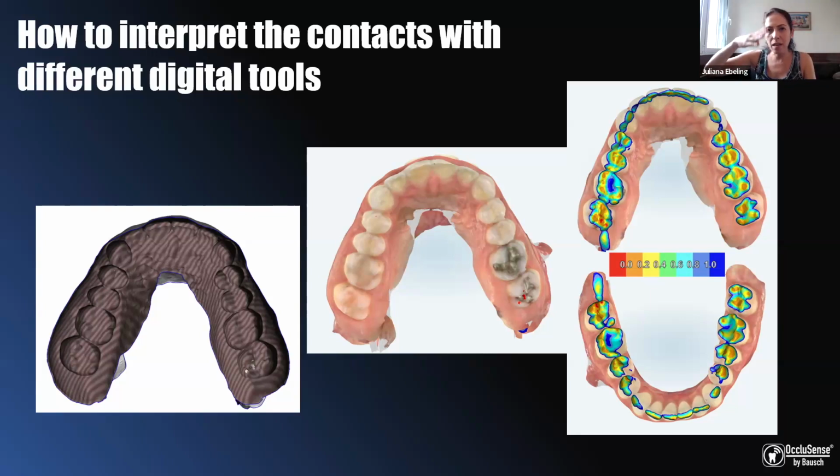And we have a variation of these contacts during a period of time. And when we register these contacts with the scanner, we have to make a registration from one side, and we go to the other side to make this registration.